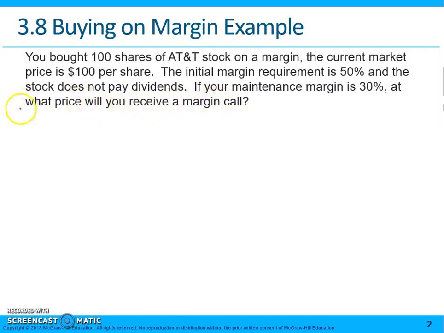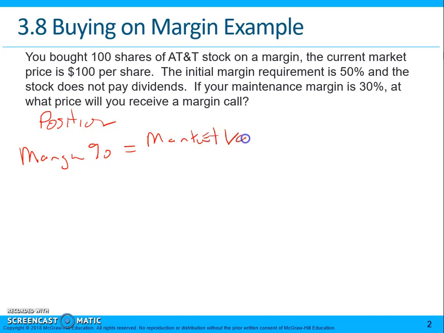So your initial position on a margin purchase is simply: margin percent is equal to your market value minus your borrowing, divided by market value.